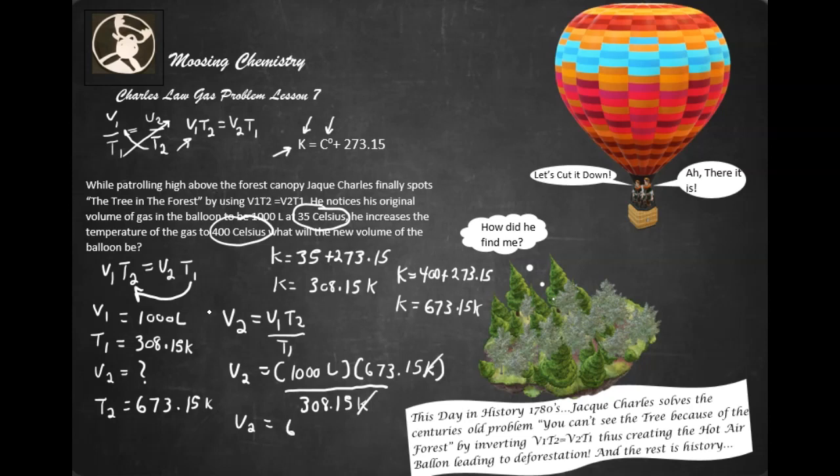It's going to be 673,150 liters divided by 308.15. So V2 is going to equal, our new value is going to be 2,184.49 liters. And that's it.